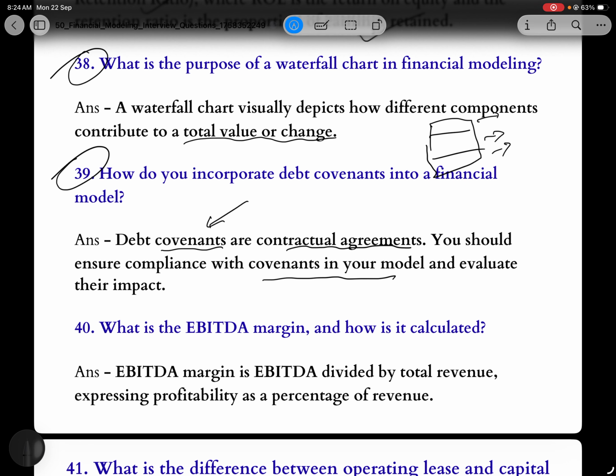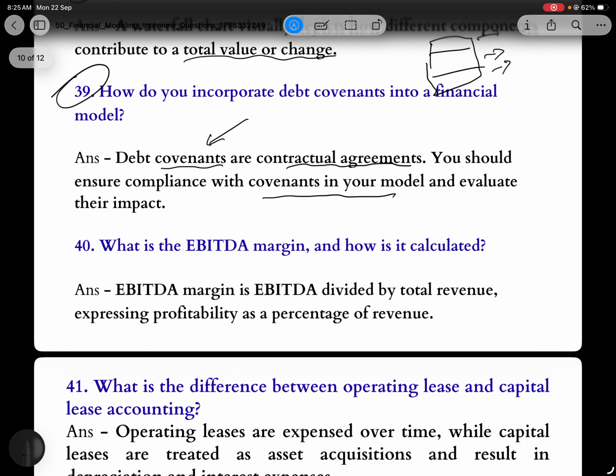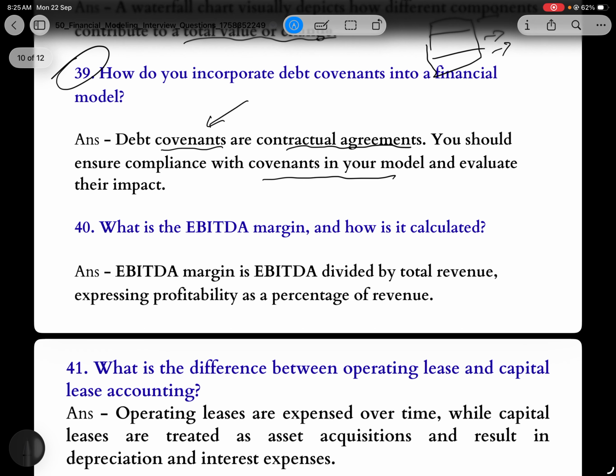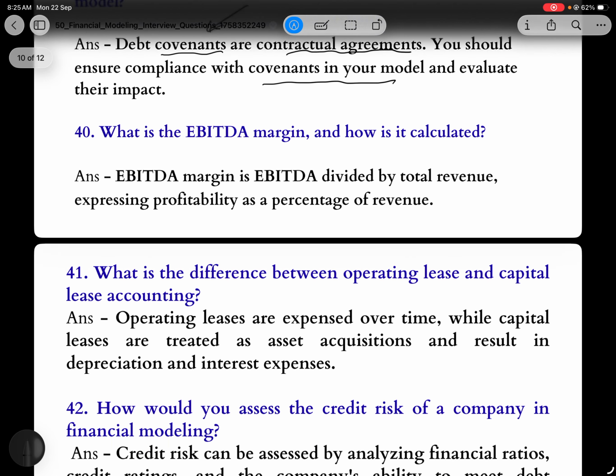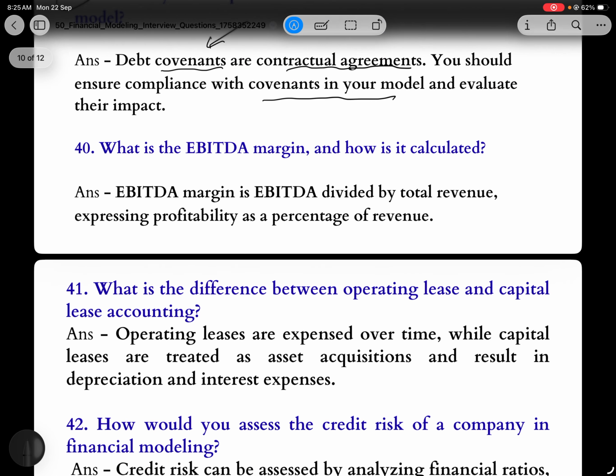When covenants are breached, it is a very bad sign to any kind of investors, whether capital investors or debt-based investors, because that will negatively impact the company. It's like saying they don't pay their debt on time. Unless there is a cash flow problem, normally companies tend to pay it.